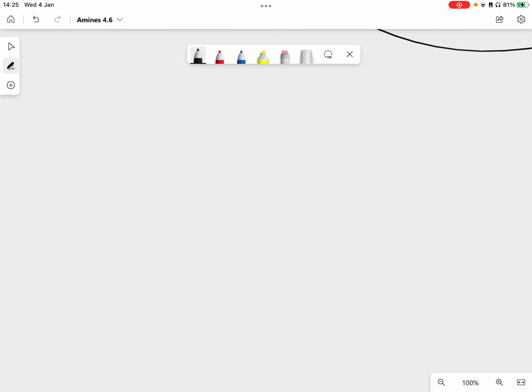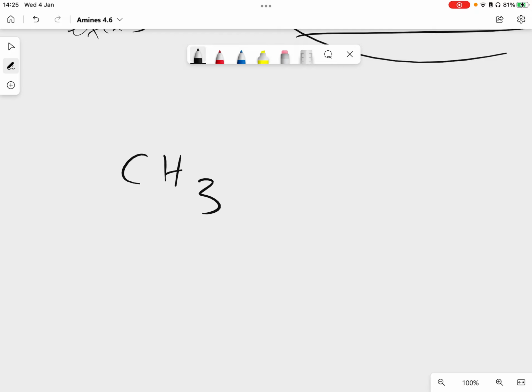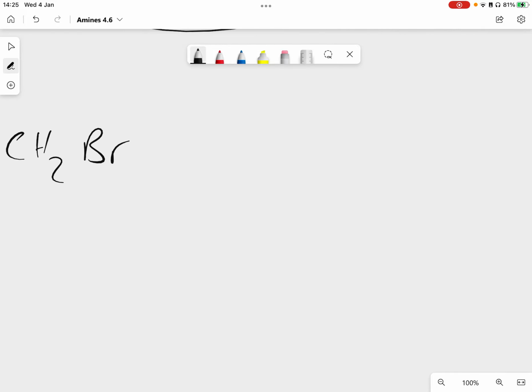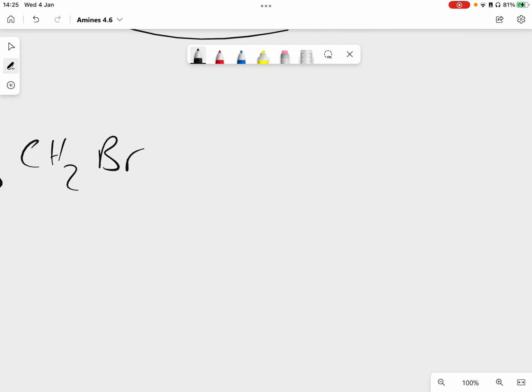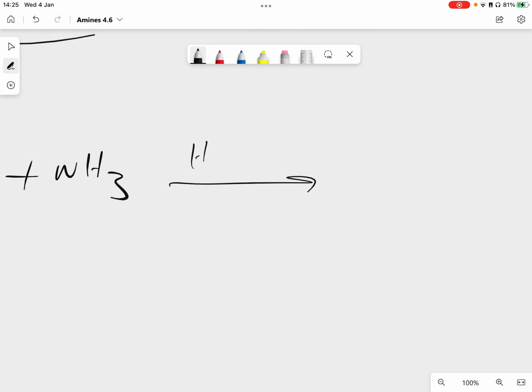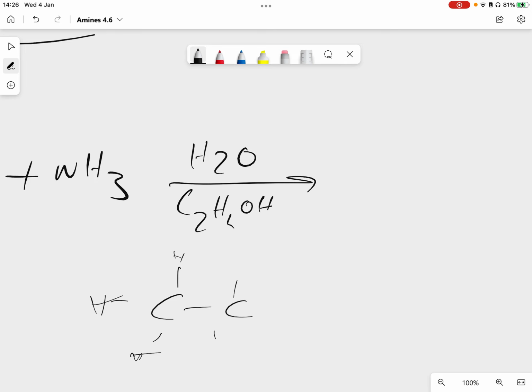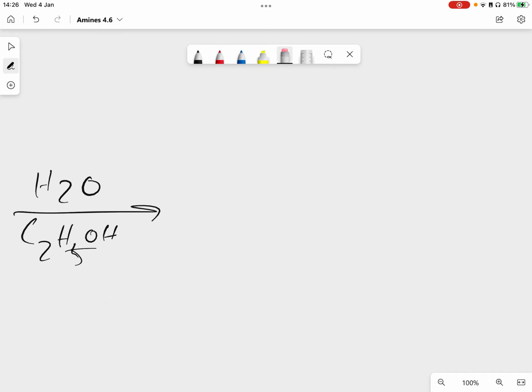So this will look something like this. We're going to do it as a bromoalkane to start off with. So if we do something like this, which is bromoethane. So bromoethane on our NH3, and then you have your H2O and ethanol solvent.